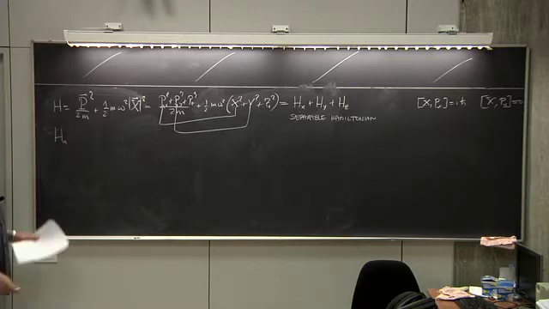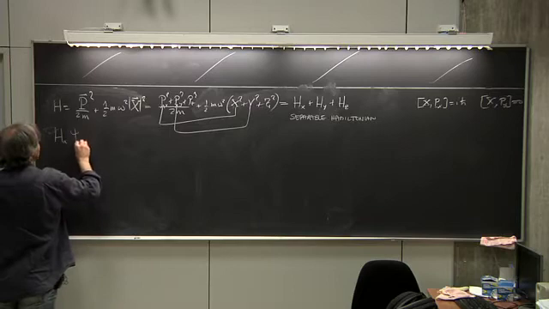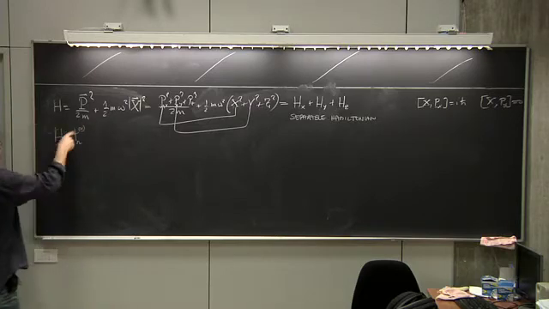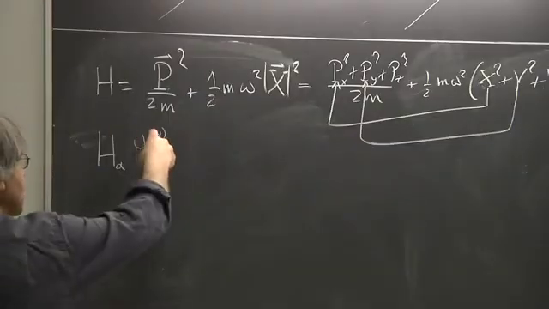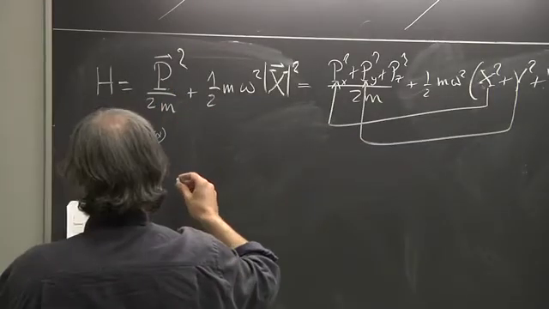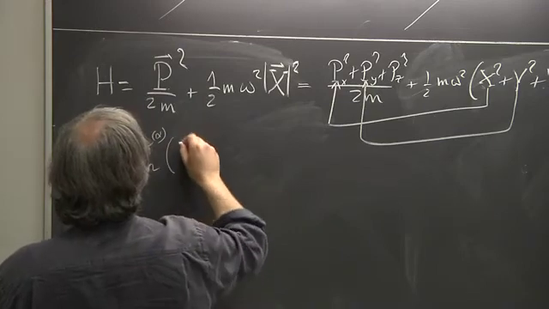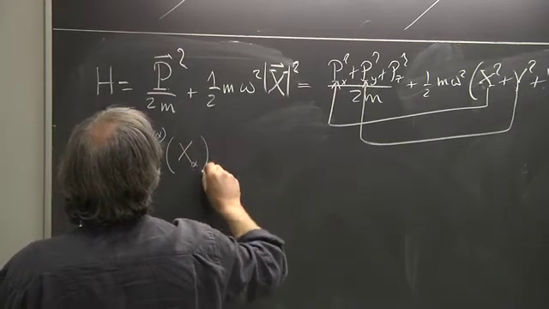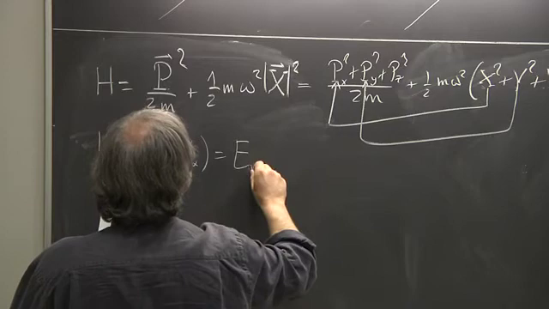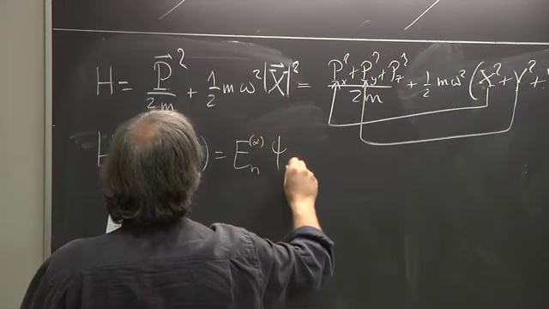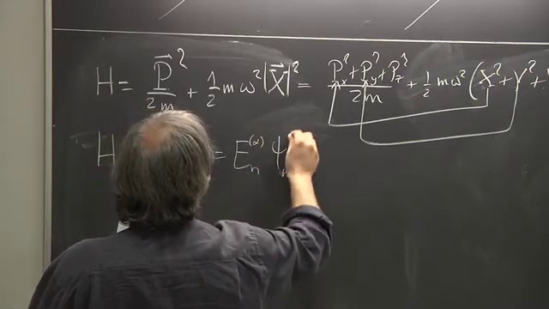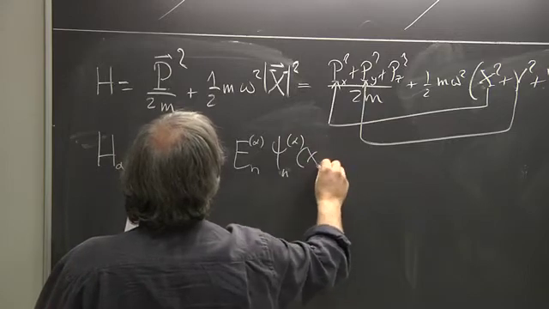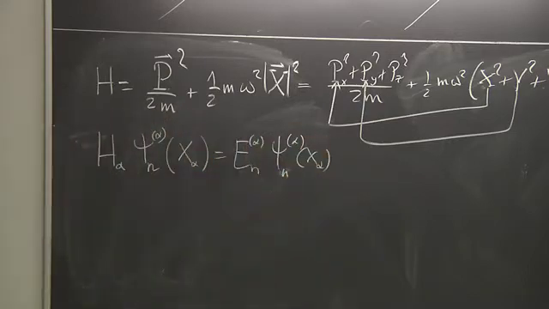Solving means knowing the wave functions, so psi n, let me label them by alpha to remind us that this is, for instance, the x or the y or the z thing. So these would be wave functions, and these are the corresponding energies. Suppose you know how to solve this for x, y, and z separately.